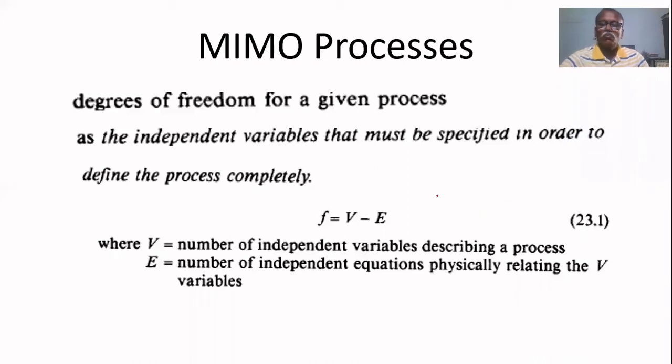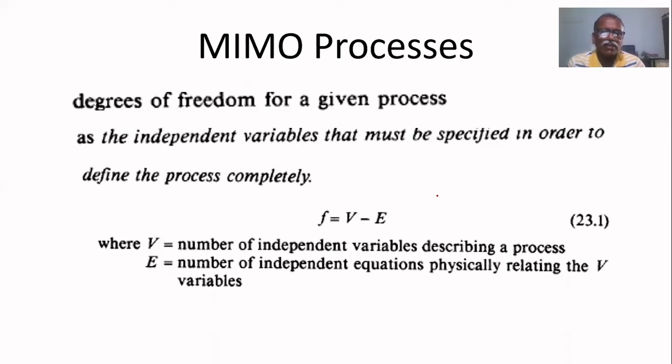Let us move on to MIMO processes. So far, we have seen SISO process, single input, single output process. If you consider a level process, its output is level, and the input is valve opening or VFD or the speed of the pump, depending upon the design.